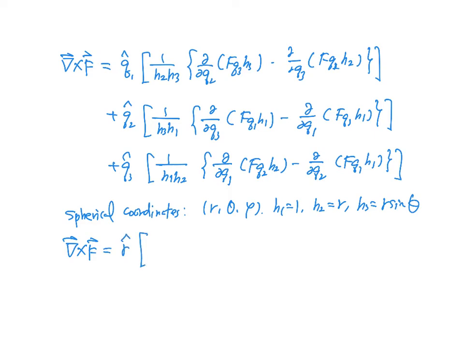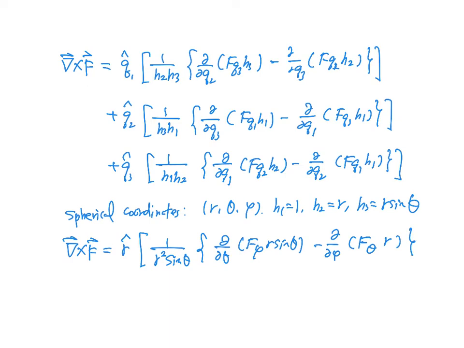H2, H3 is 1 over R square sine theta. Partial theta, partial F phi R sine theta minus partial phi, partial F theta R, are very complicated, plus theta.